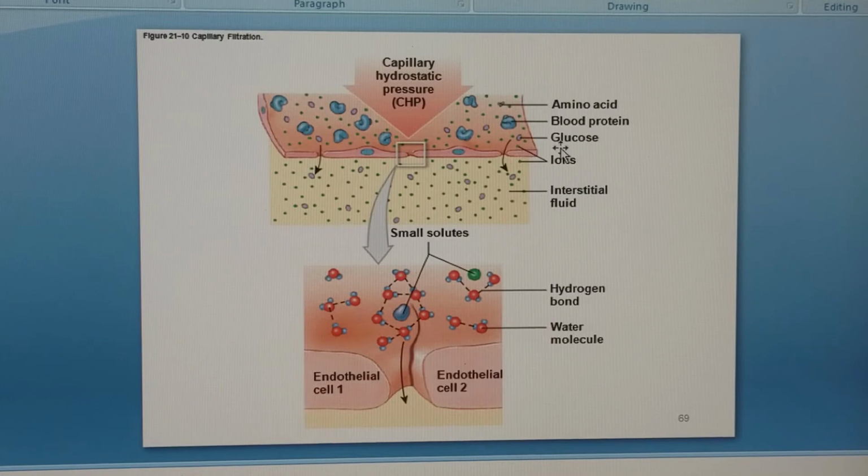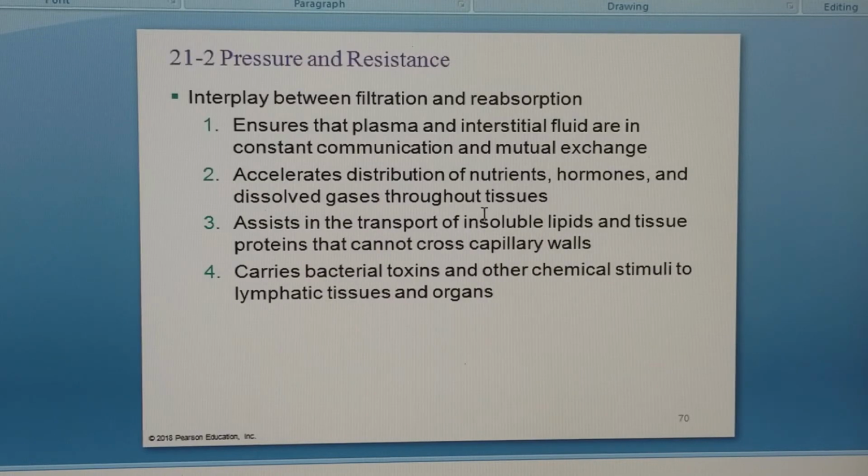This picture is simply showing us the capillary hydrostatic pressure pushing small ions and solutes through the openings. That's pretty much what we see here. The interplay between filtration and reabsorption ensures that plasma and interstitial fluid are in constant communication and mutual exchange.